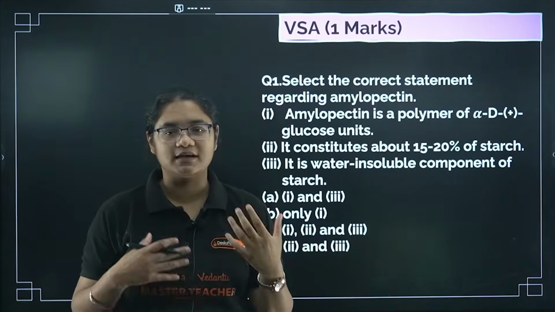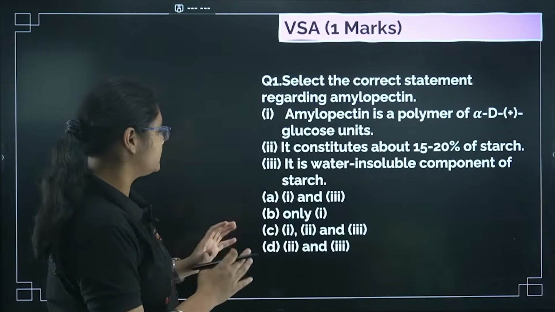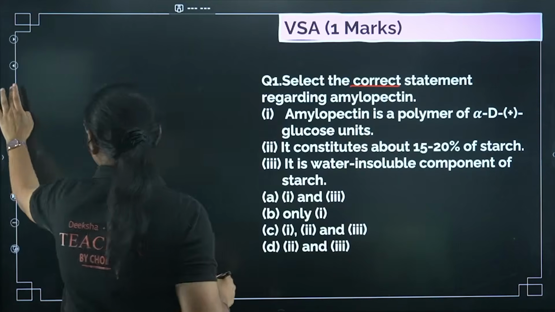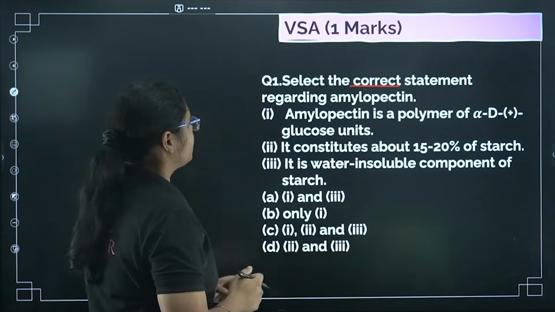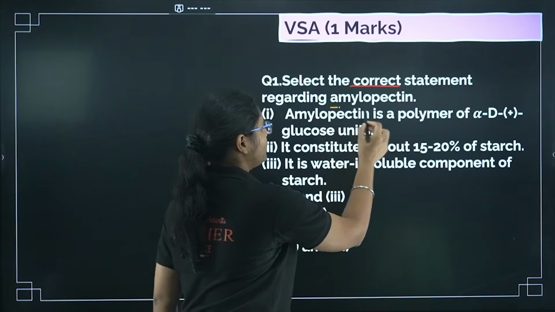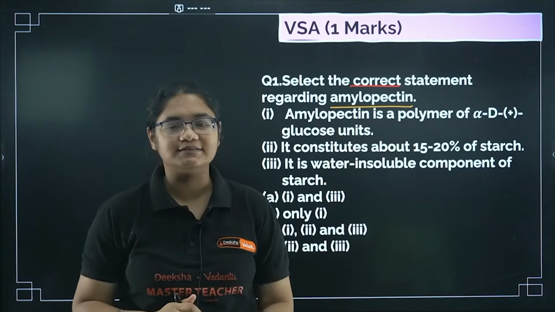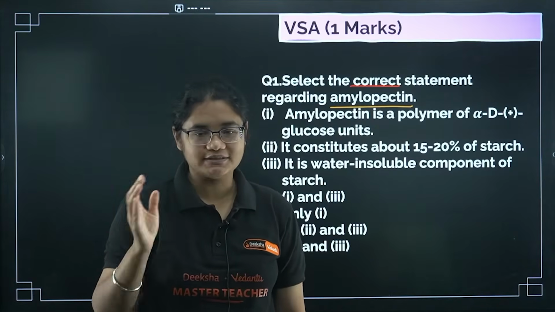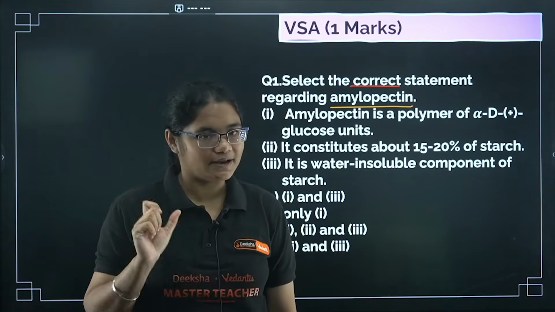We'll go for the MCQ questions first. The first question: select the correct statement regarding amylopectin. Amylopectin is a part of starch. Starch exists in 2 forms, amylose and amylopectin.